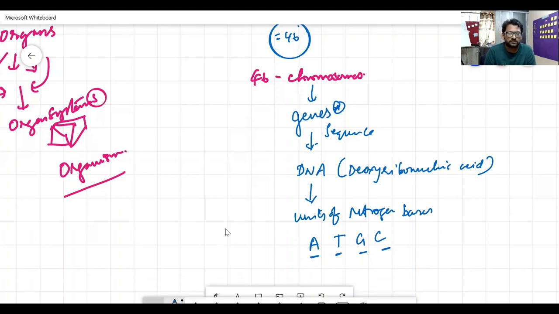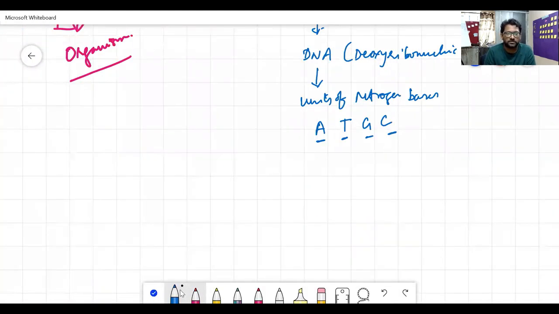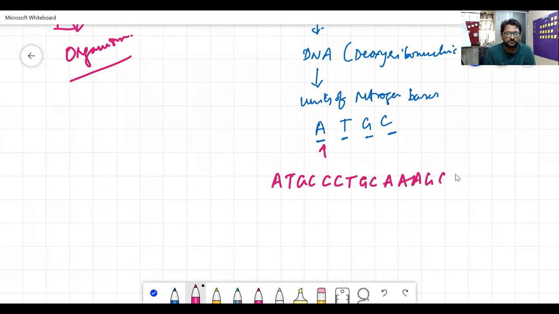So this genetic code repeats in different combinations.